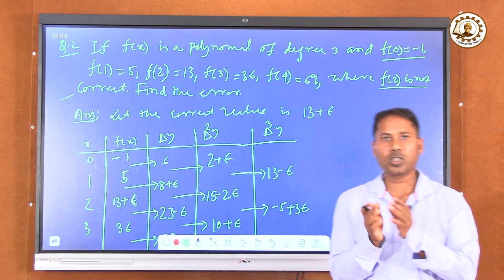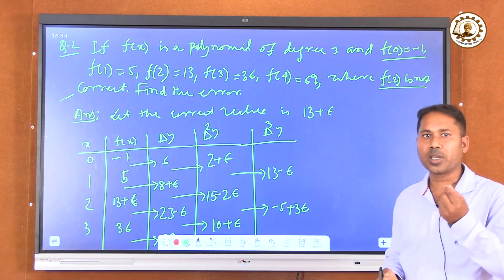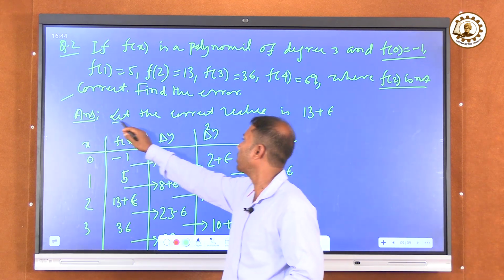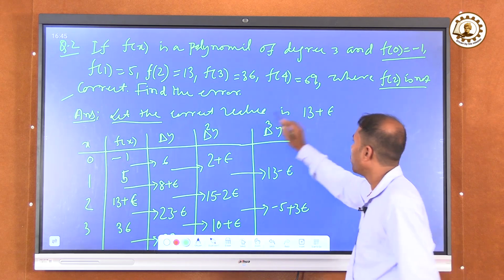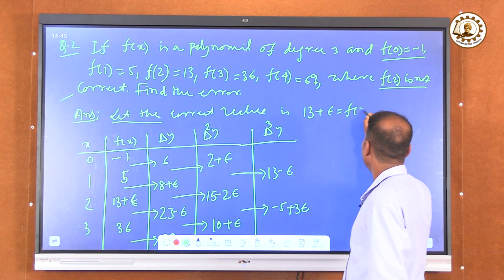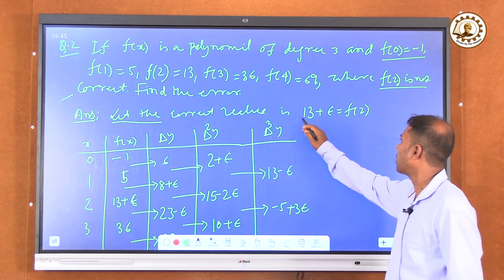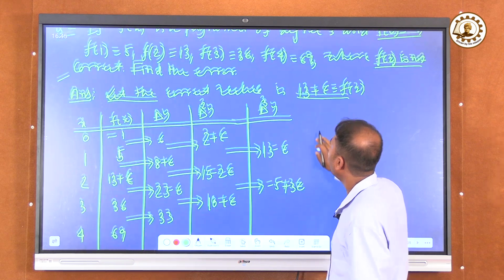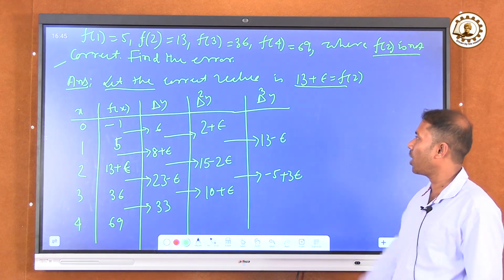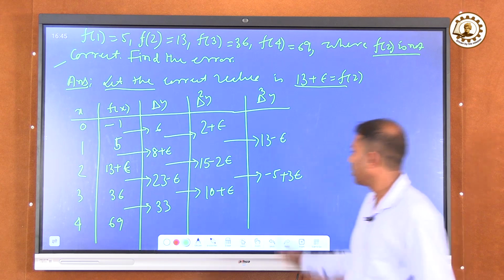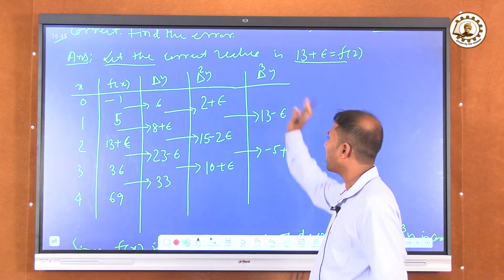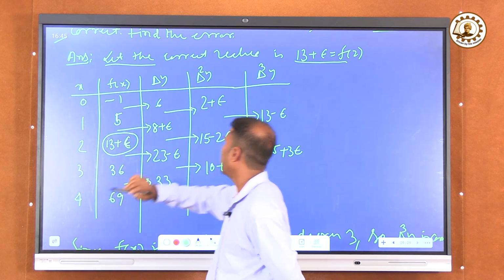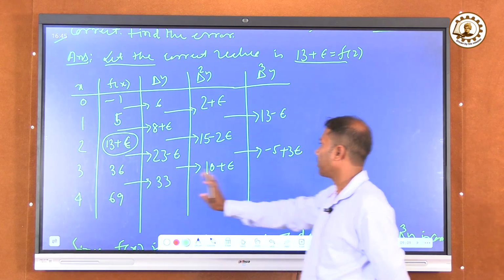So f2 is not correct means there is an error, and we consider this error as epsilon. The exact value is 13, and now we apply the forward difference operator. This is the table of fx, with f2 as 13 plus epsilon.